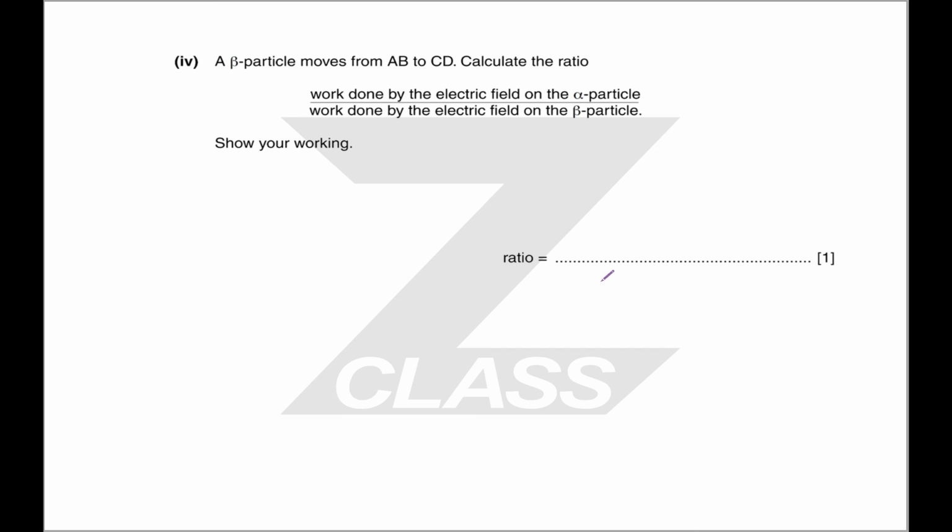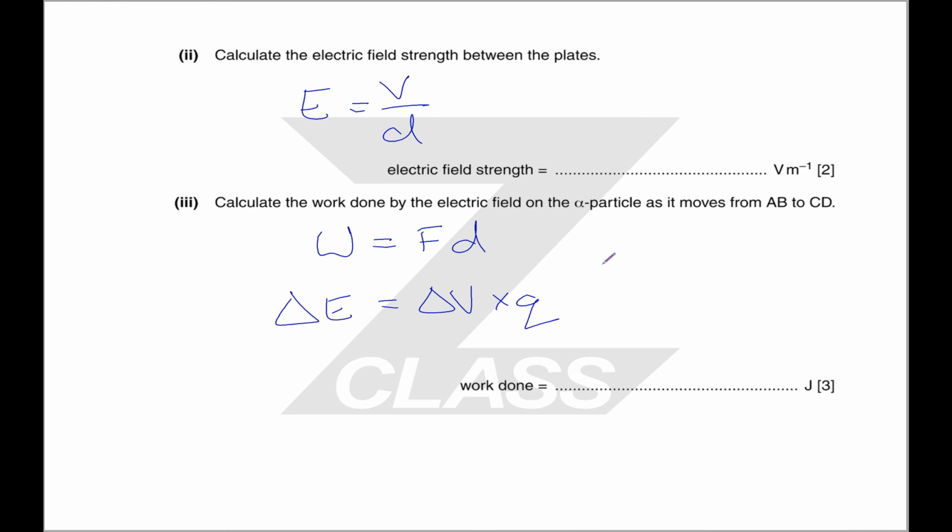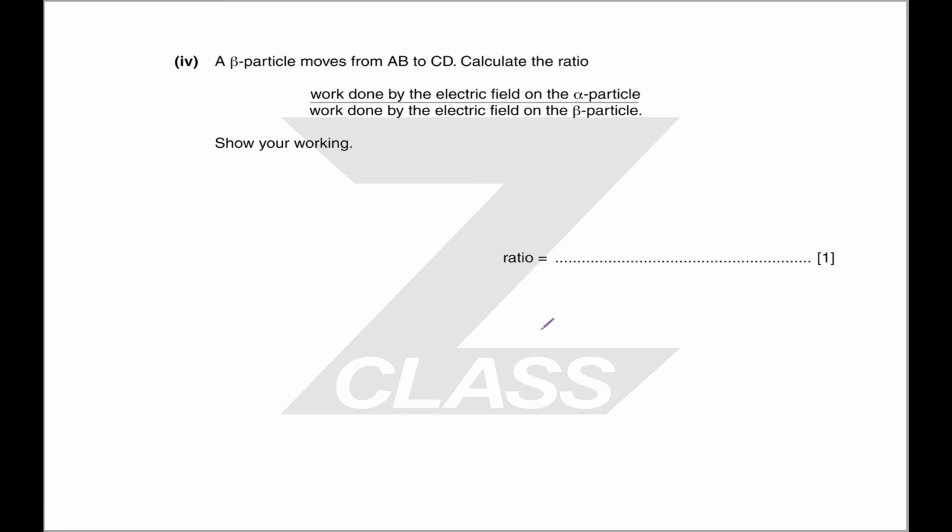A beta particle moves from AB to CD. Calculate the ratio of the work done. So, our work done is proportional to our charge, right?